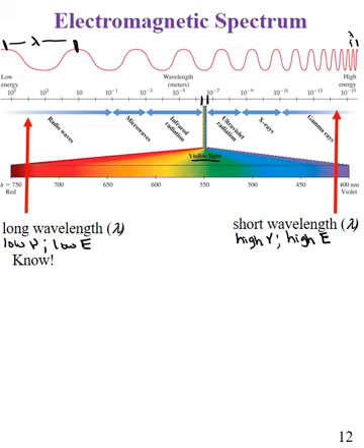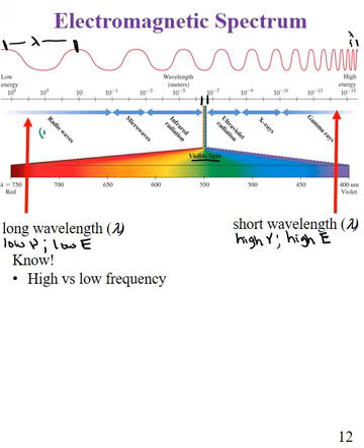Now you need to know roughly this area. So you need to know high versus low frequency. And what that means is you would need to know that radio waves are going to have the lowest frequency. The next lowest frequency would be microwaves, then infrared, visible, ultraviolet, X-ray, and gamma. So let's look at all of these different types of waves.